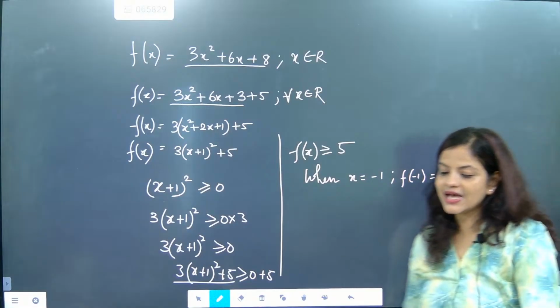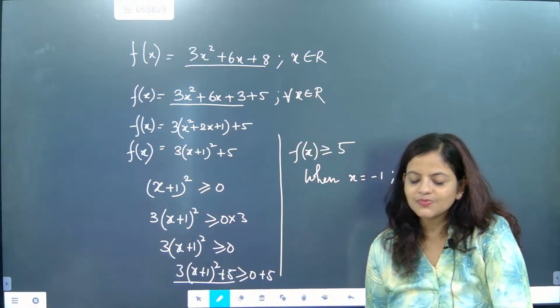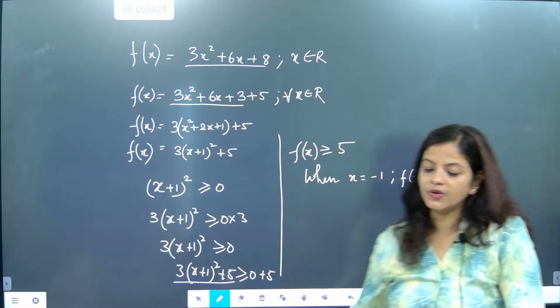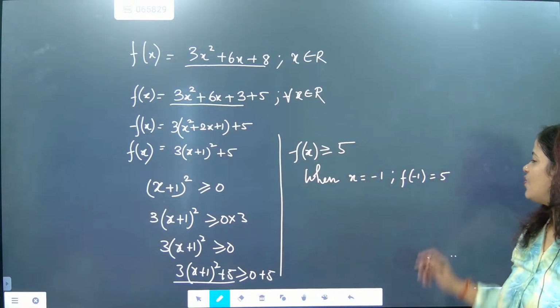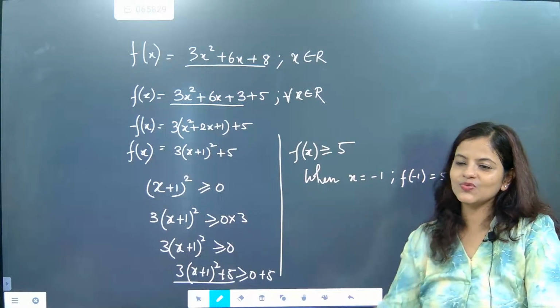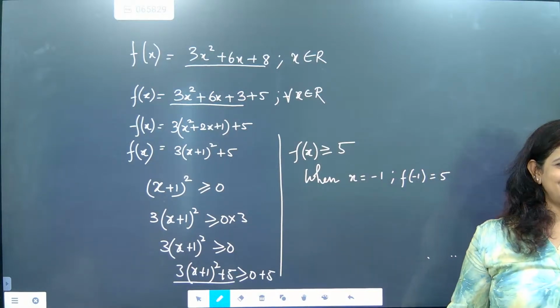So what is c here? Yes, because of the square, whatever value you put, beta, it will always come positive. That's the most important point. What is c here? Minus 1. What is f of c? 5. That's it. Finished.